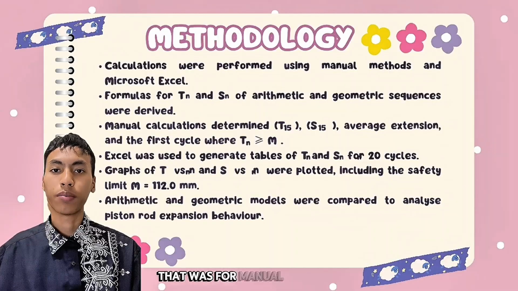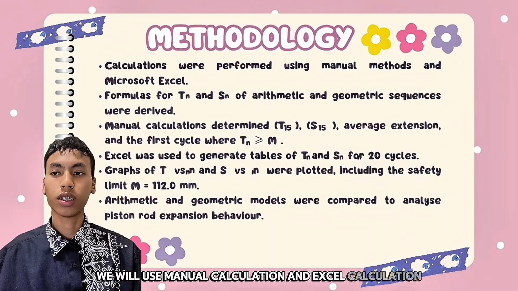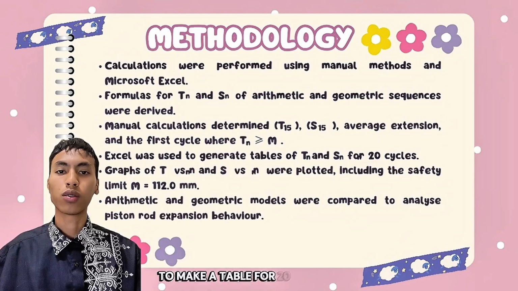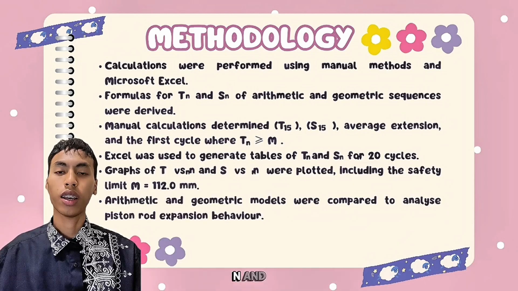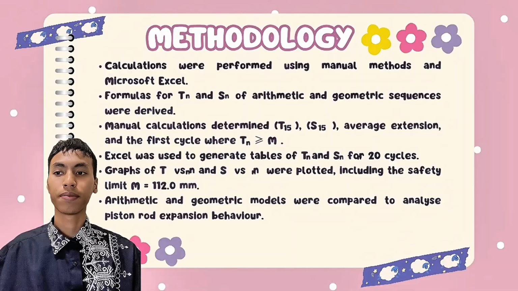That was for manual calculation. And then we will use manual calculation and Excel calculation to make a table for 20 cycles of Tn and Sn, which are arithmetic and geometric sequence and series.